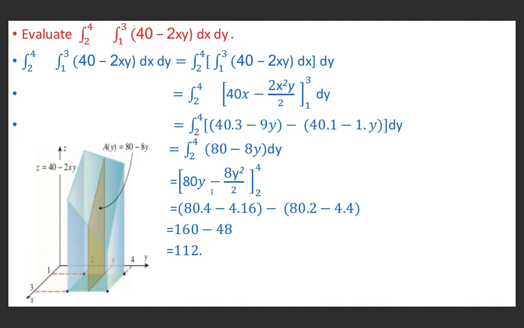Substitute the upper limit, so 80 into 4, this is 8, this is 2, so 2 4s are 8, so this is 4 and 4 square is 16. Minus lower limit, 80 into 2 minus 4 into 2 square. 2 square is 4. So if you simplify it, it is 160 minus 48 and we get 112.